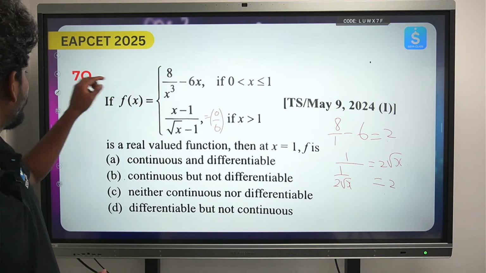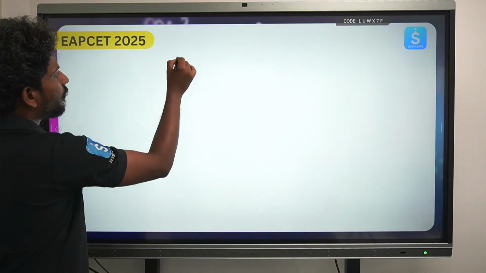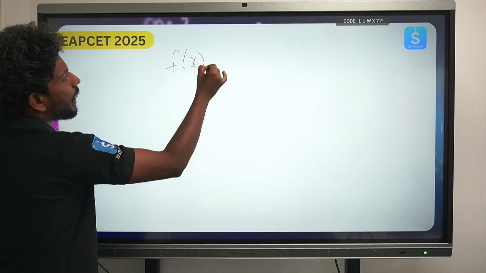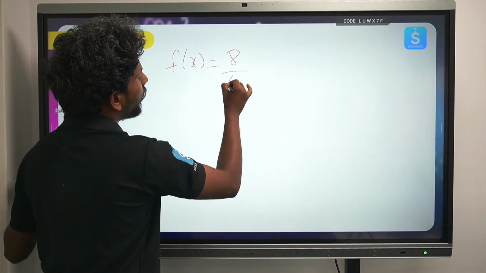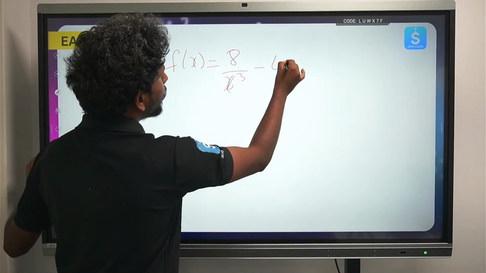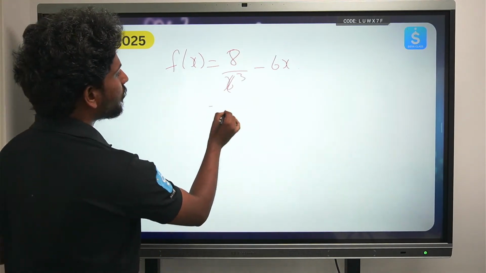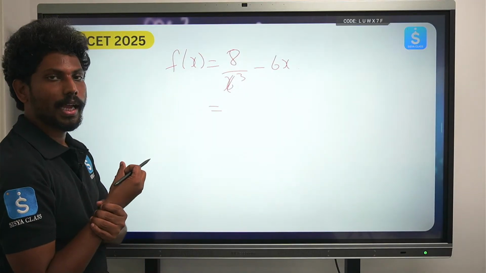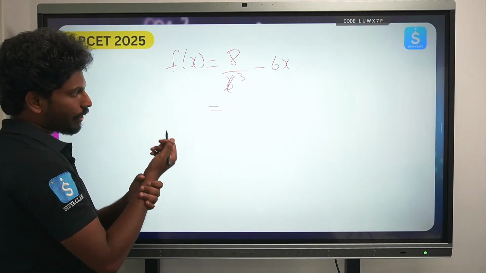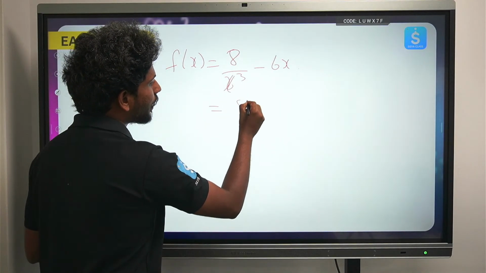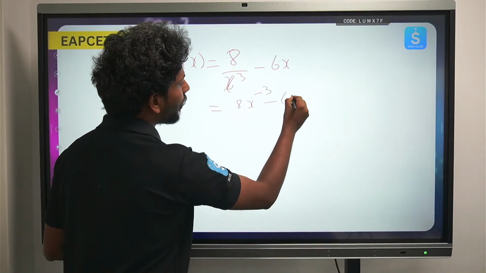So let's differentiate f of x equals 8 by x cube minus 6x. What will be the differentiation of x cube? x to the power minus 3, so I can just write it as 8 x to the power minus 3 minus 6x.